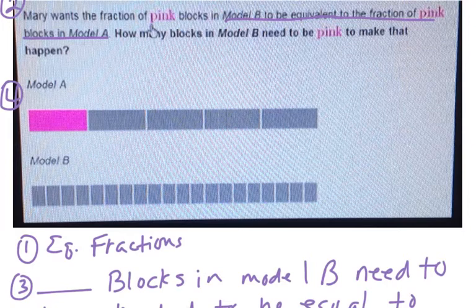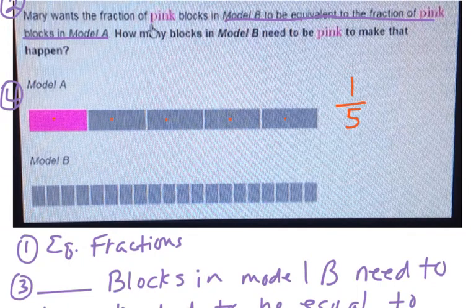So now the first thing I'm going to do is look at model A. I look at model A and I can see that this is cut into 1, 2, 3, 4, 5 equal parts, and that one of those equal parts is pink.